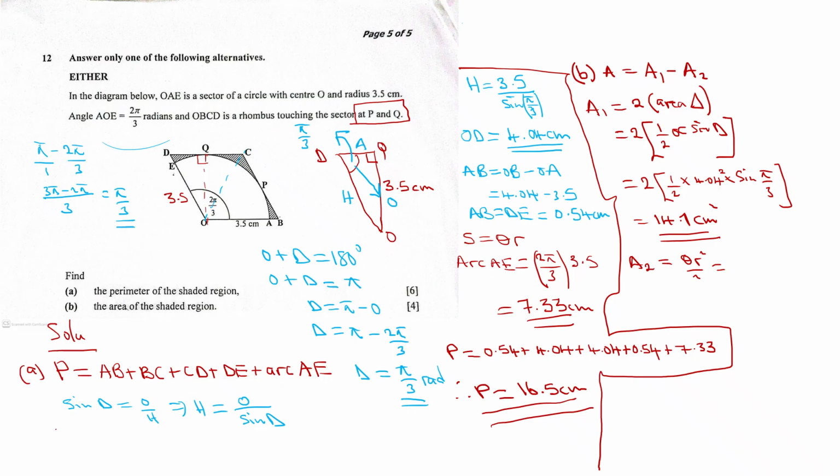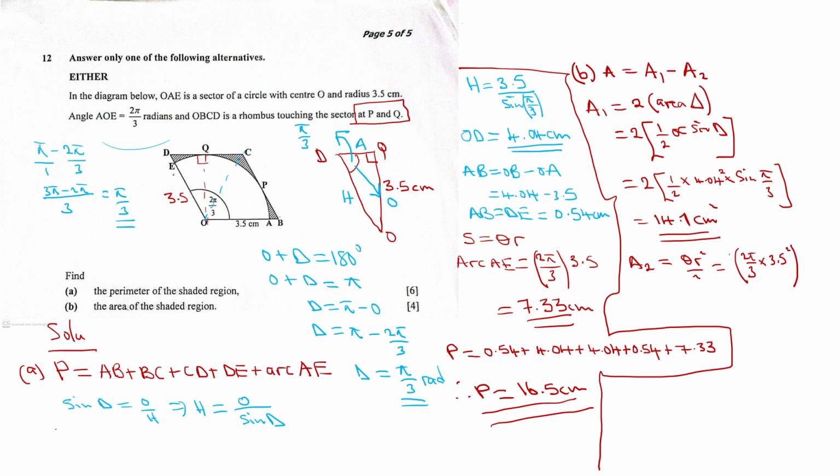So our theta times r squared. Theta is 2 pi divided by 3 multiplied by our radius, which is 3.5 squared. What we have written in brackets there is the numerator.